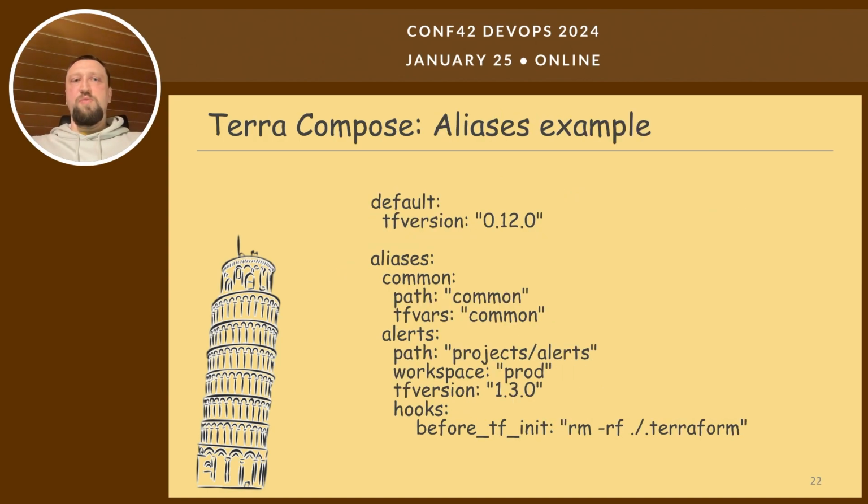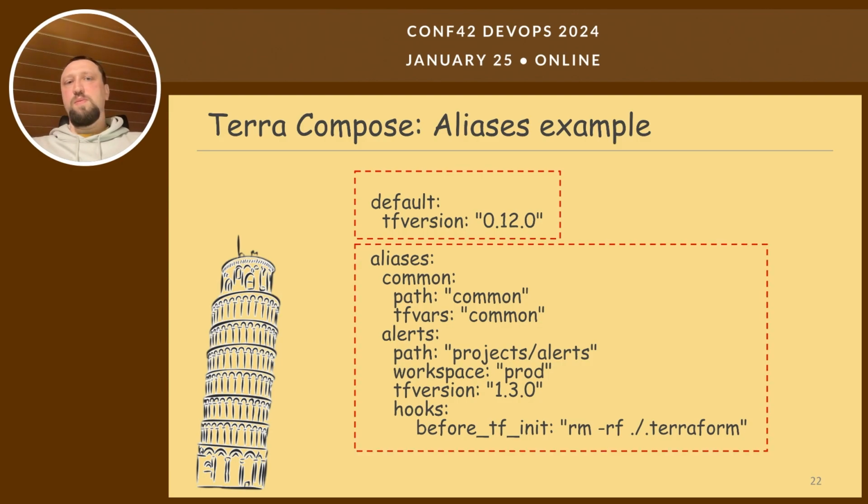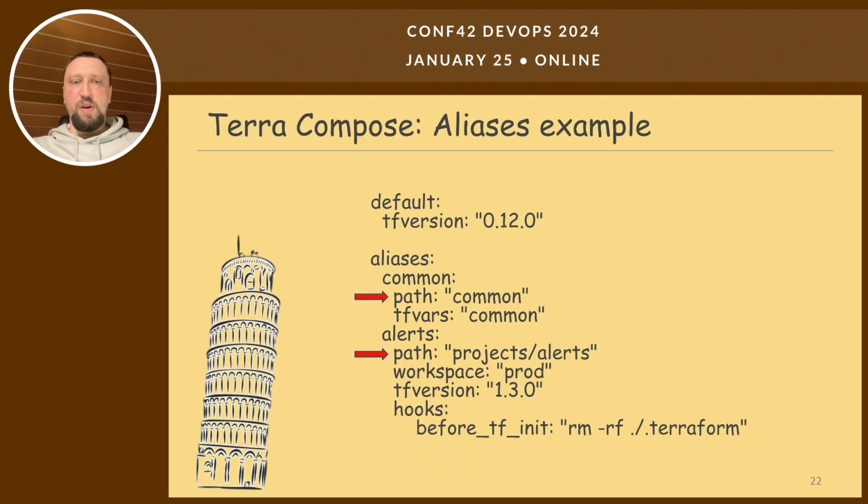In the configuration file, you can see two main blocks. This is default, which contains shared properties across the aliases, and aliases, which are actually our projects and environments. And here you can see that the Terraform version that we define in default might be overwritten in an alias. The only required property is path.